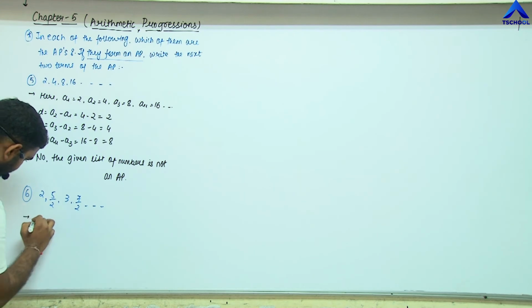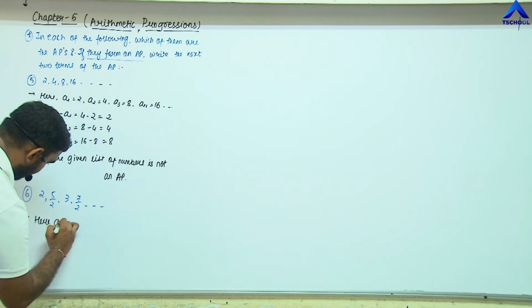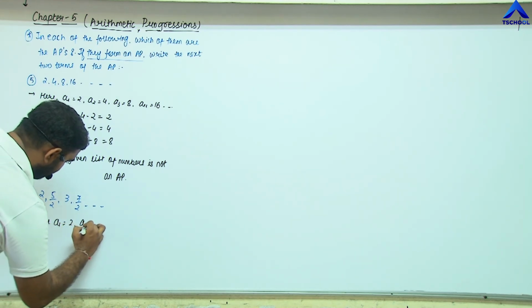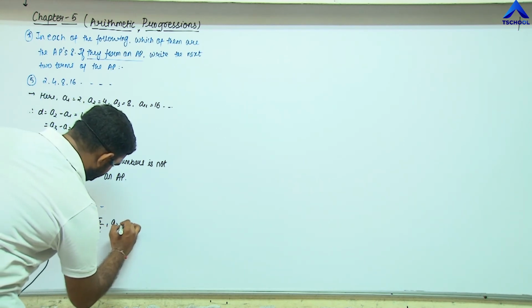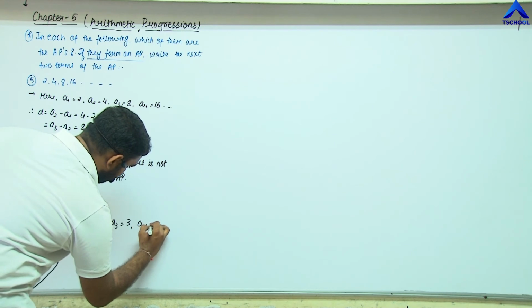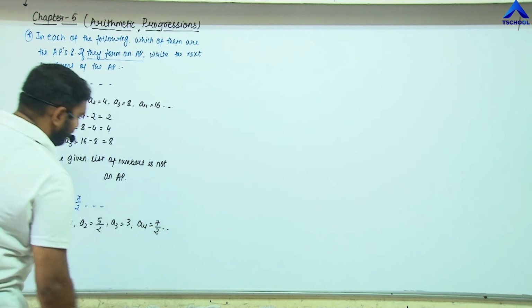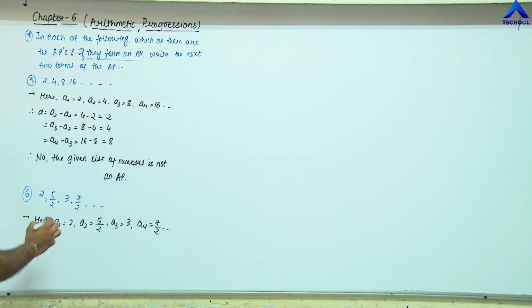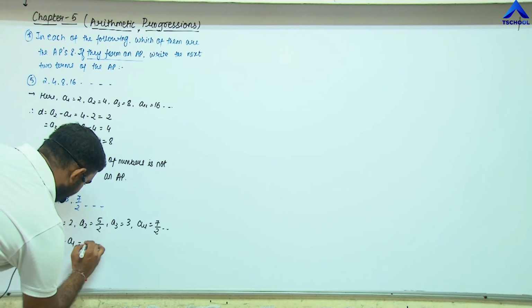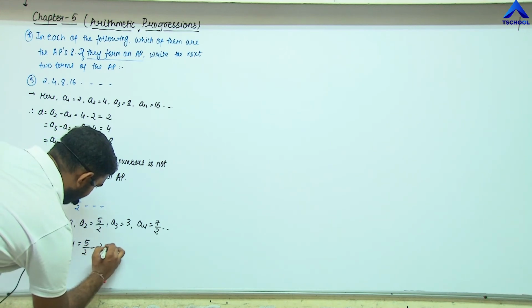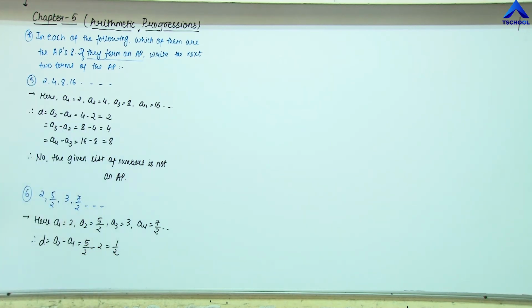Here a1 equals 2, a2 equals 5 by 2, a3 equals 3, a4 equals 7 by 2 and so on. Therefore, d is equal to a2 minus a1, that is 5 by 2 minus 2, that is 1 by 2, right? You can simply take the LCM.